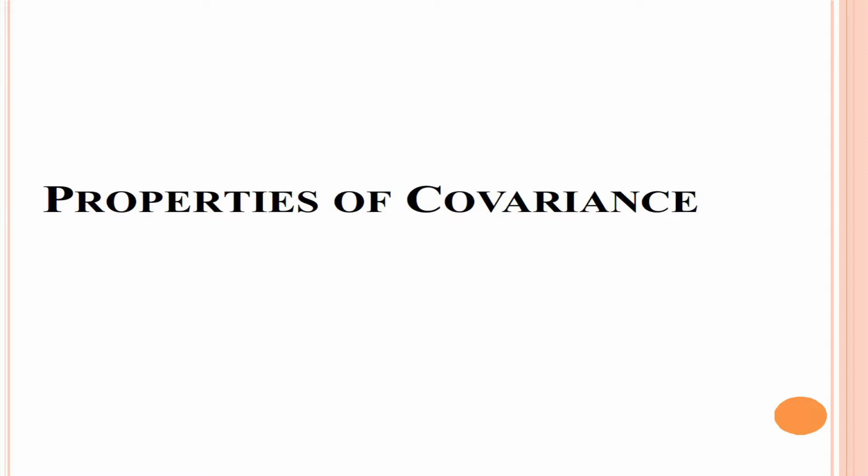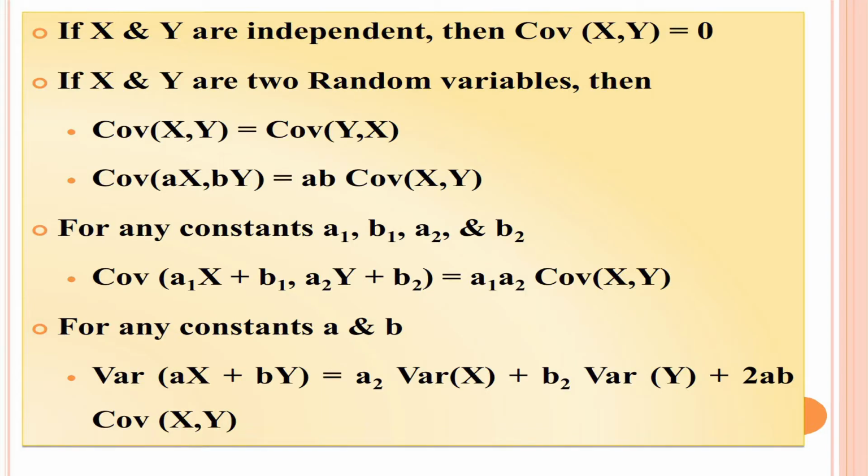Properties of covariance. Property 1: covariance of x comma y is equal to covariance of y comma x. Property 2: if x and y are independent, then covariance of x comma y is equal to 0. Property 3: covariance of ax comma by is equal to ab covariance of x and y.